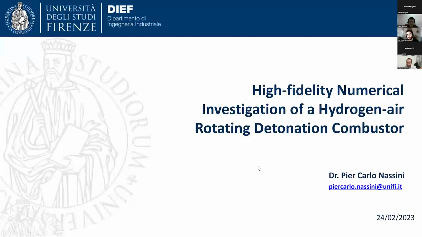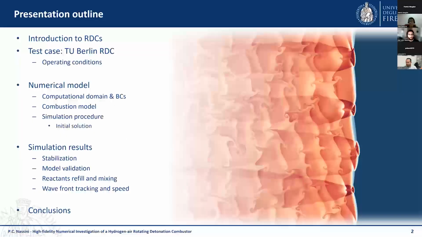As you said, today I'm going to show you a part of my PhD project, which is the high-fidelity numerical investigation of a hydrogen air rotating detonation combustor. My talk will be divided in two parts.